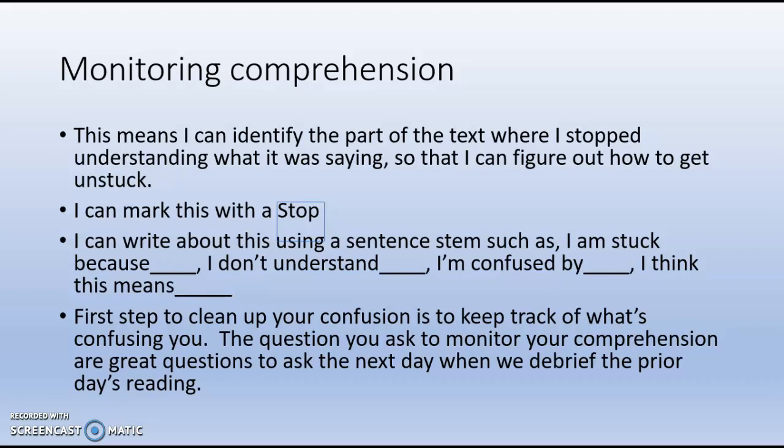The first step to clean up your confusion is to keep track of what's confusing you. The questions you ask to monitor your comprehension are great questions to ask the next day when we debrief the prior day's reading.